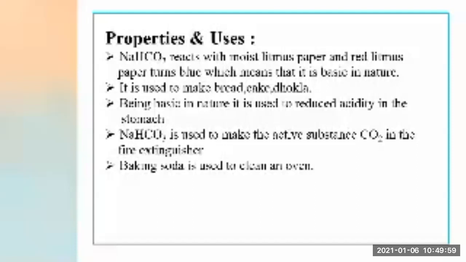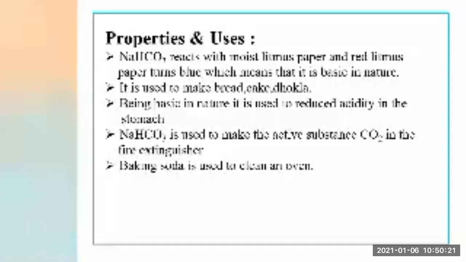NaHCO3 is used to make the active substance CO2 in fire extinguishers. Now see, in chapter number 13, carbon and its compounds, we have seen the fire extinguisher, right? In a fire extinguisher, what are the things we have seen? We have NaHCO3 in that. Then we have sulfuric acid.